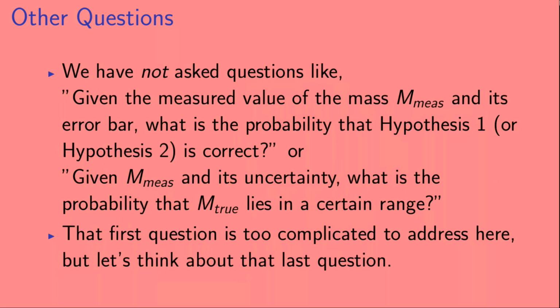Now, we have not asked questions like, given the measured value of the mass m measured and its error bar, what is the probability that hypothesis 1, or hypothesis 2, is correct? Or, given m measured and its uncertainty, what is the probability that m true lies in a certain range? Now, that first question is too complicated to address here, but let's think about that last question.